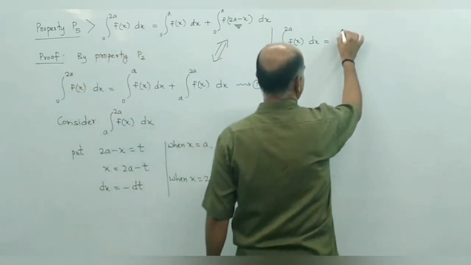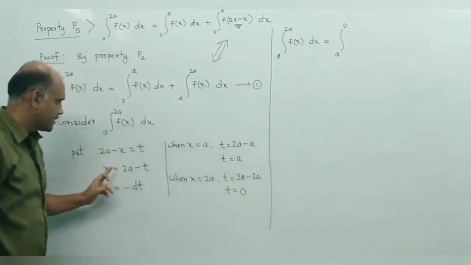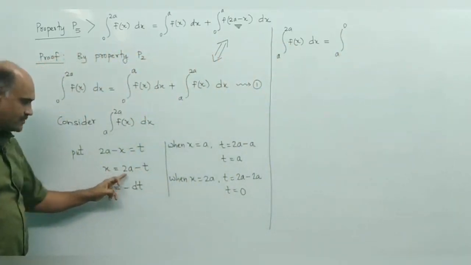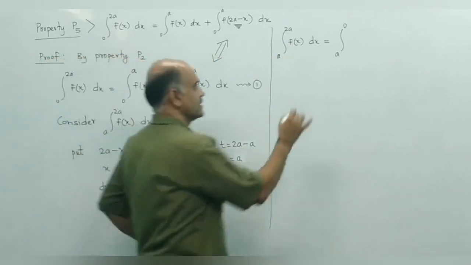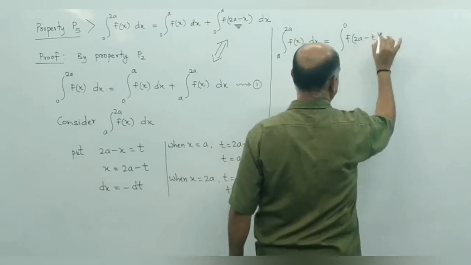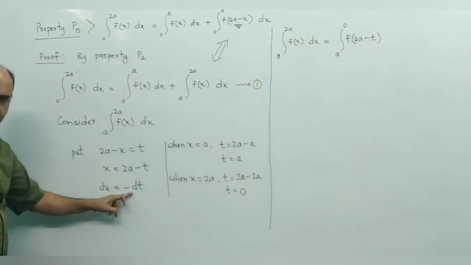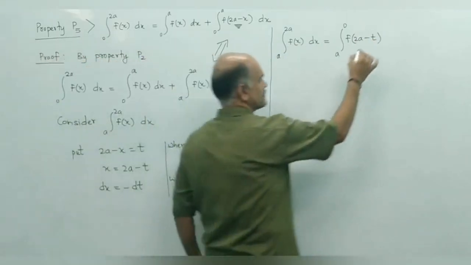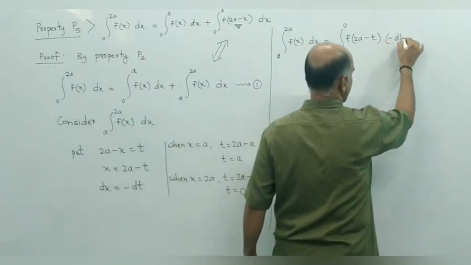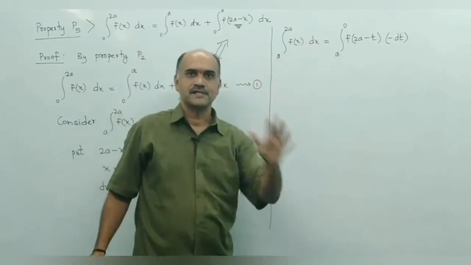So this is integration from a to 0. In place of x you will have 2a minus t, so f of 2a minus t. In place of dx you will have minus dt, with respect to t. Now again same 3 steps you will have.